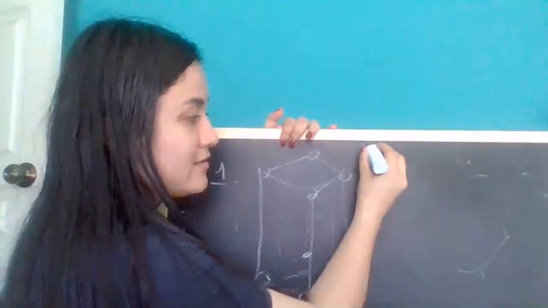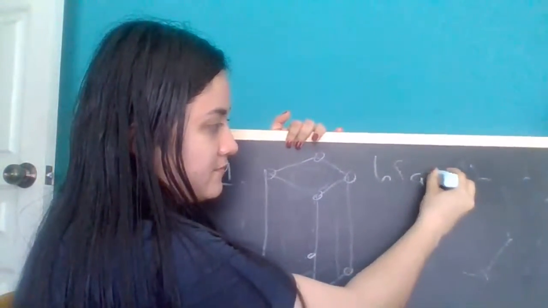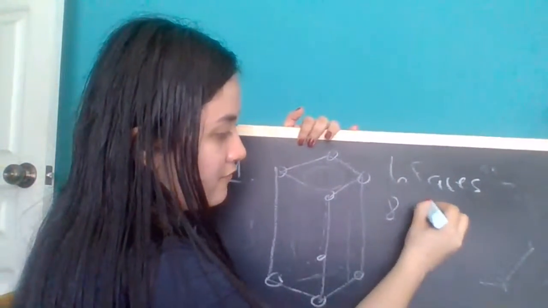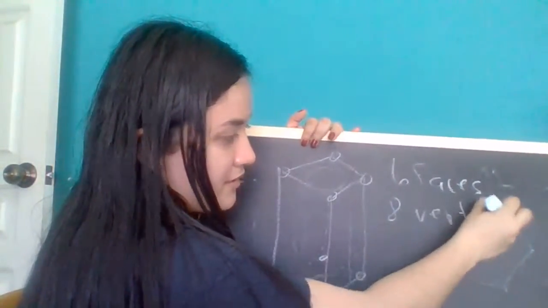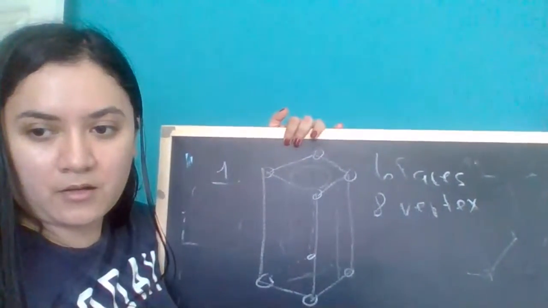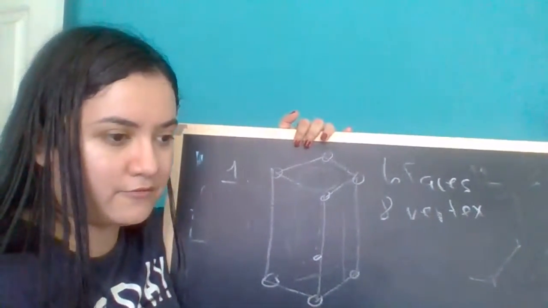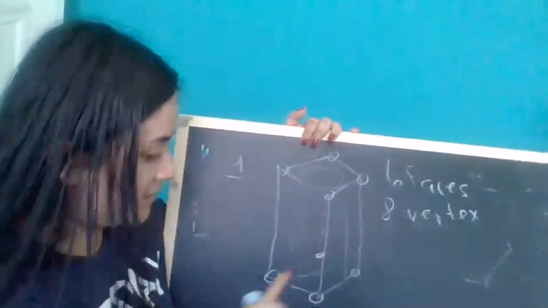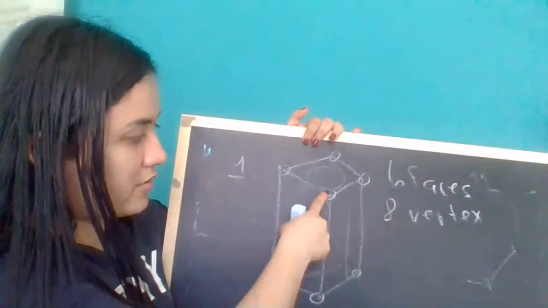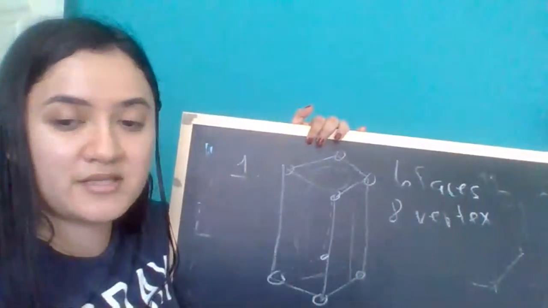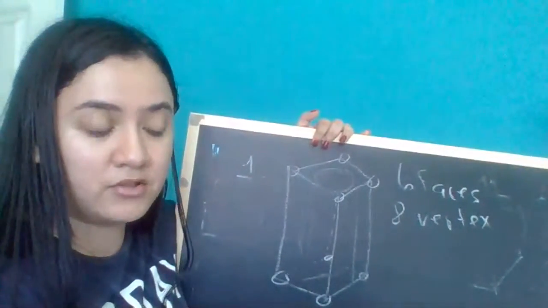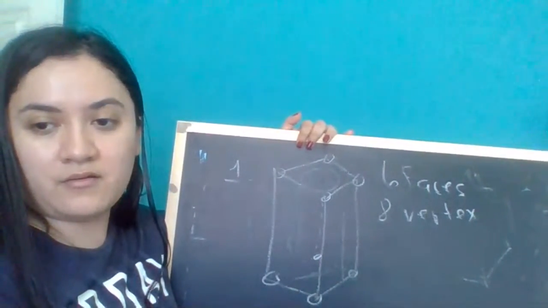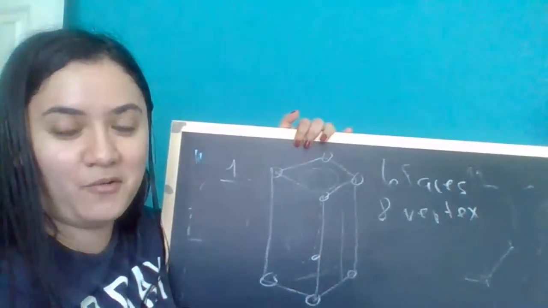So it has 6 faces and 8 vertices. Not 4. We're talking about vertices. The vertices are each little corner, Alex. You have to count the ones in the back. Look at your book. Very good, Ruby.